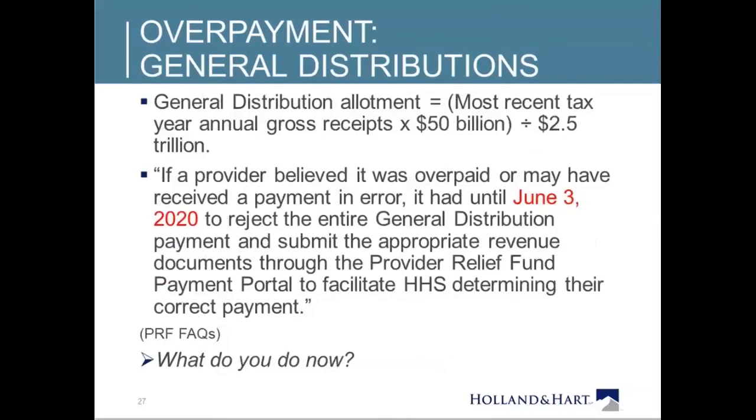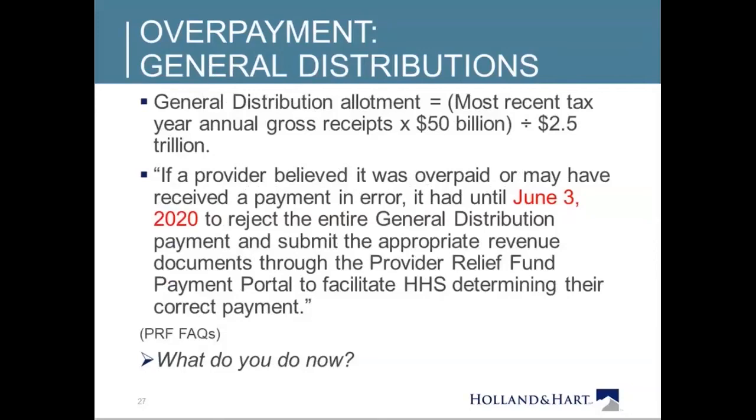All right, those are the general terms and conditions. Well, what if you've thought about it, you're 3 months into this, and you've concluded that the money you received, you were overpaid. You really don't deserve all the money that the government said. Well, if you're talking about a general distribution that you received, by the way, there's a formula for determining the amount that you should have received under the general distribution.